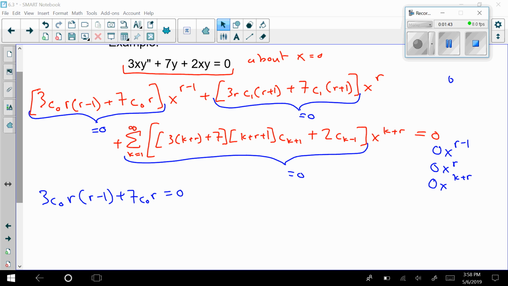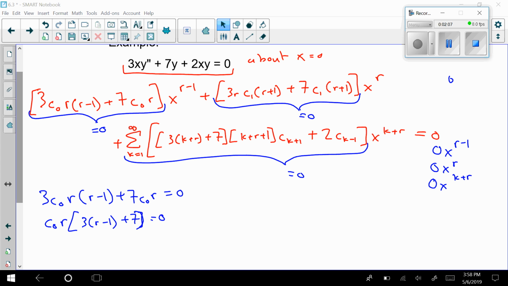And I want to work this out. What I'm seeing is that they both have this c sub 0 and an r. So if I take that out, I have 3 times the quantity r minus 1 plus 7, technically a bracket, equals 0.